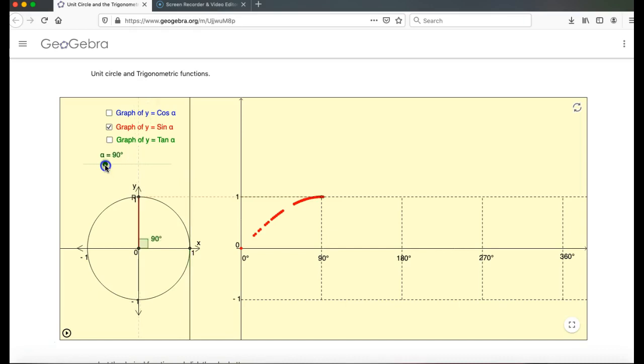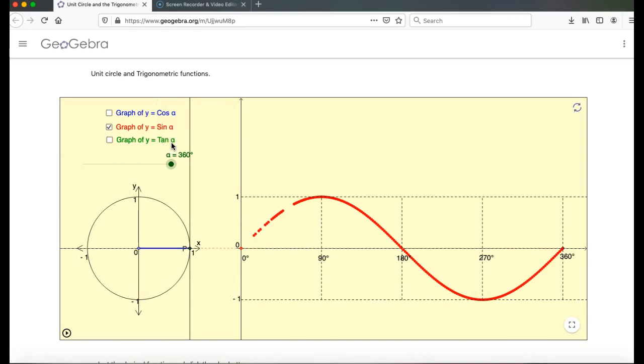Now at this angle here at 90 degrees, we know sine is equal to 1, and we can see that mirrored over here on the function. So what you can see here is that as I rotate around the unit circle for all the different angles, I get lots of different sine values that when I plot on my function forms the sine graph.